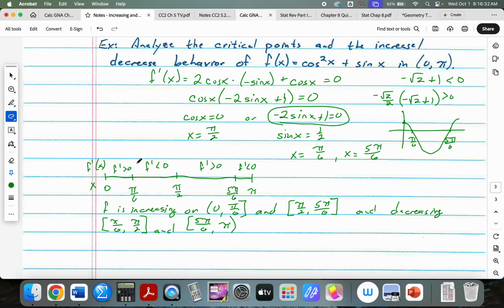So where f prime changes from positive to negative, f changes from increasing to decreasing, so there must be a local maximum there. So f has a local maximum at x is equal to pi over 6, and then again at 5 pi over 6.